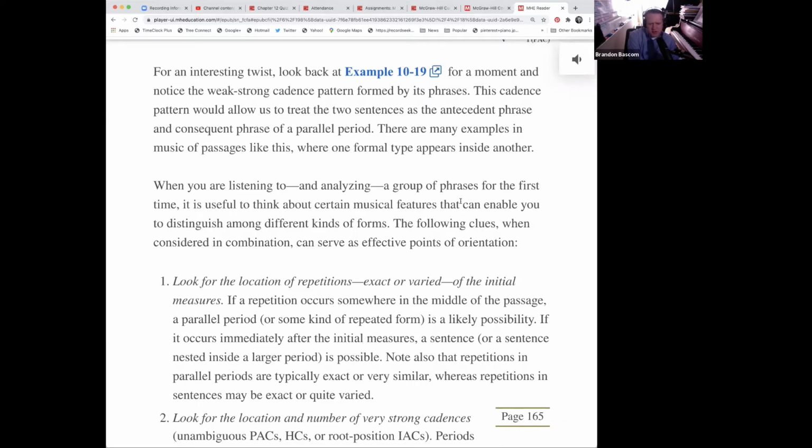If a repetition occurs somewhere in the middle of the passage, a parallel period or some kind of repeated form is a likely possibility. If it occurs immediately after the initial measures, a sentence or a sentence nested inside a larger period is possible. Note also that repetitions in parallel periods are typically exact or very similar, whereas repetitions in sentences may be exact or quite varied.